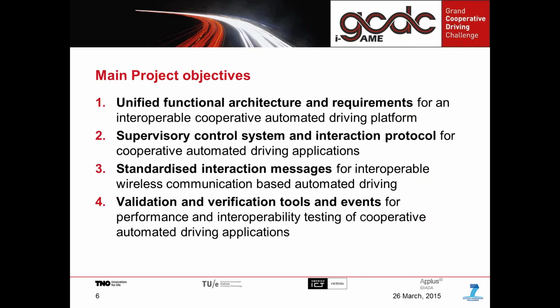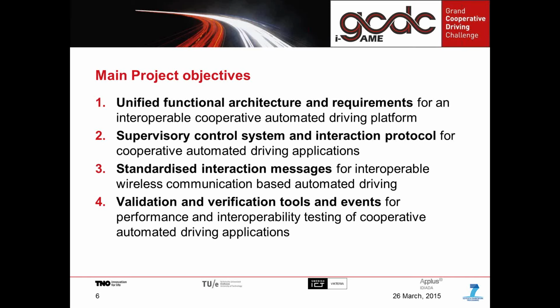The main project objectives are, on the one hand, that we want to come to a unified functional architecture and requirements for interoperable cooperative automated driving. The key element is that we are focused on multi-vendor solutions, but we want to have a unified architecture. The interaction protocols between the vehicles are key to this project, and also a standardized interaction message set.